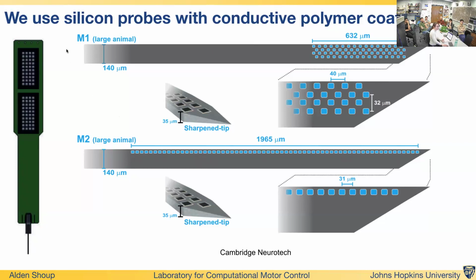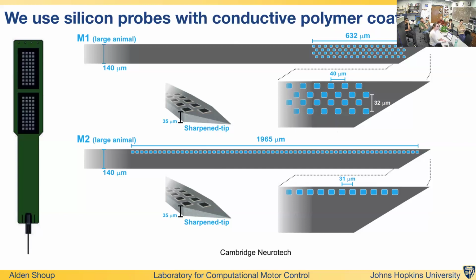It's bottlenecked by the size of your connector and how many wires you can fit on the probe at a time. These probes have a 12 micron by 12 micron contact size, and we're able to record from most of the neurons that we would like to.